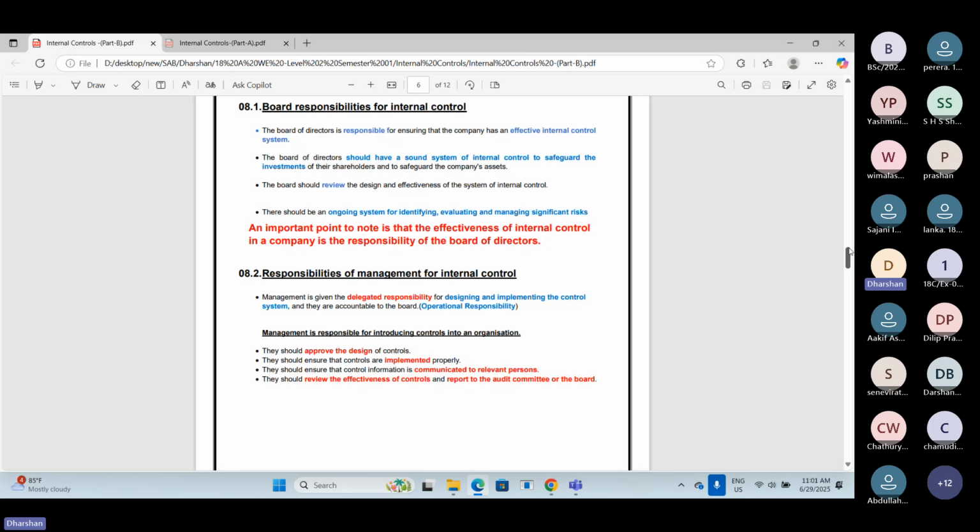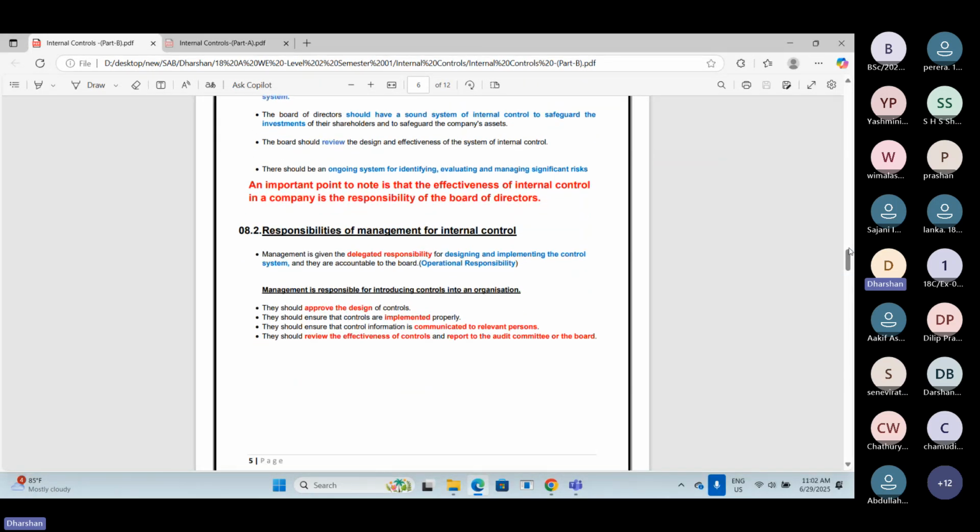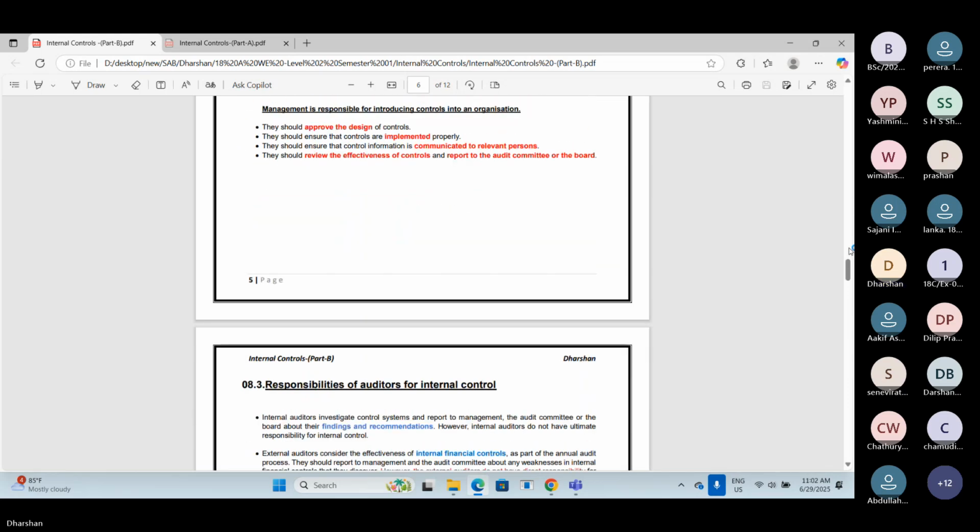What are the responsibilities of management? Approval of internal control design, implement the internal controls. Third, we have to communicate internal controls to the relevant people, and finally review whether they are effective and efficient or not. Clear? So these four are management's responsibilities.